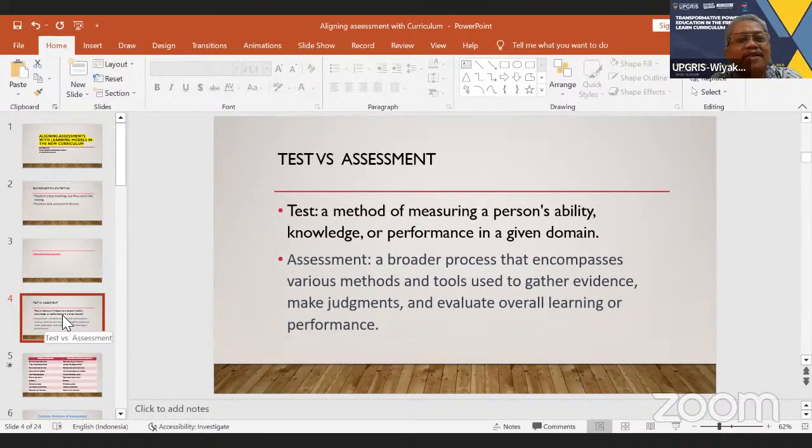So this is the common theory of test, the common definition of test. A test is a matter of measuring a person's ability, knowledge, or performance in a given domain. Assessment is broader than a test. It encompasses various methods and tools used to get evidence, make judgments, and evaluate overall learning or performance.